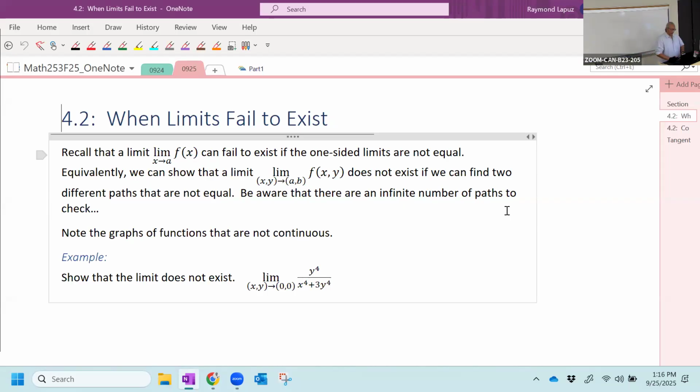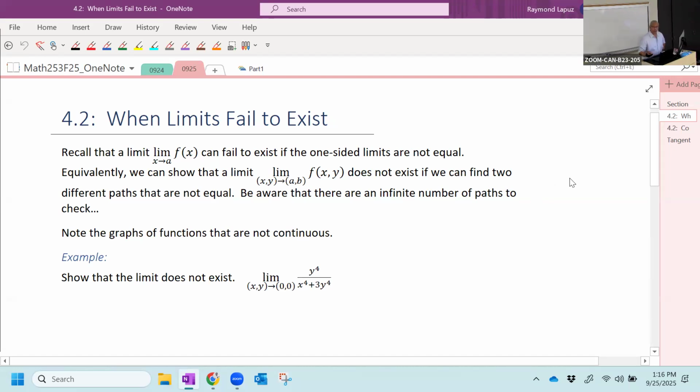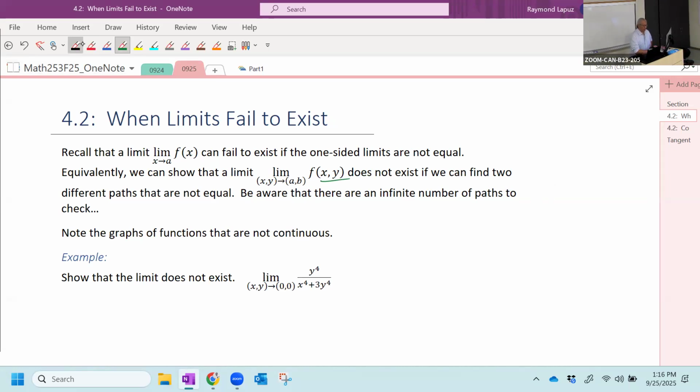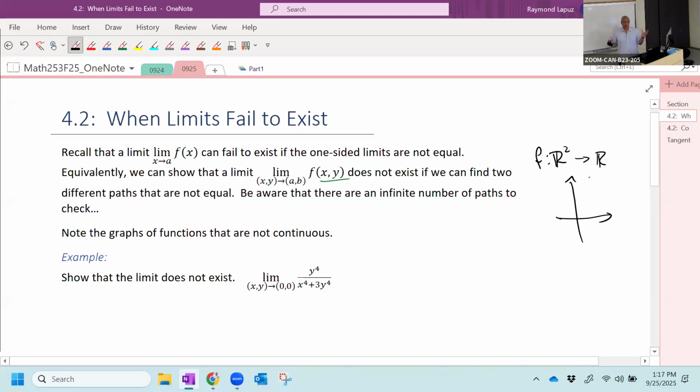Now, let's take a look at what a domain is for these functions. This is a function that goes from R2 to R. That's a function of two variables, right? And so your domain is going to have to live somewhere on the XY plane.